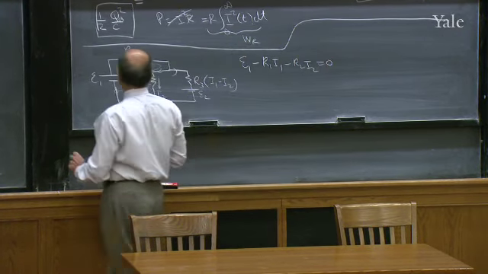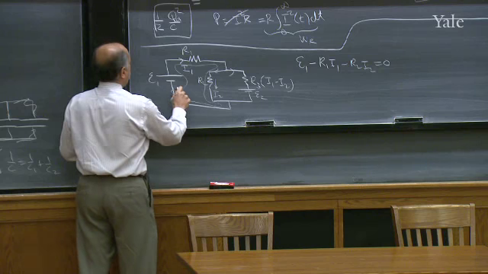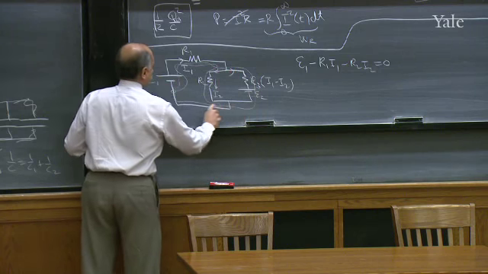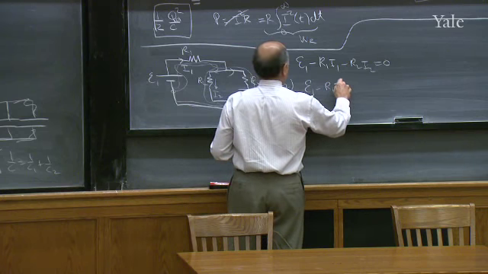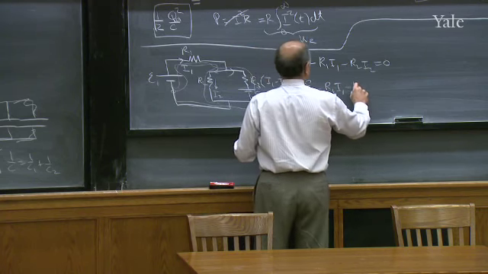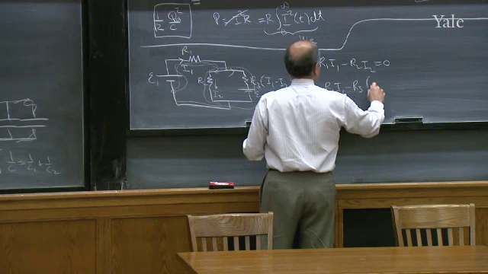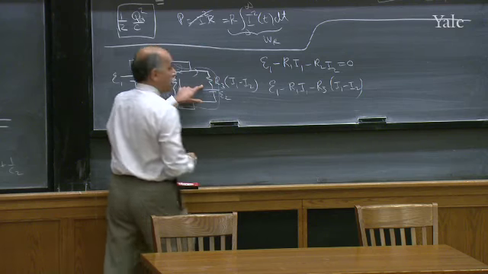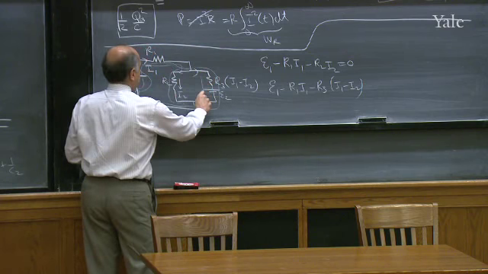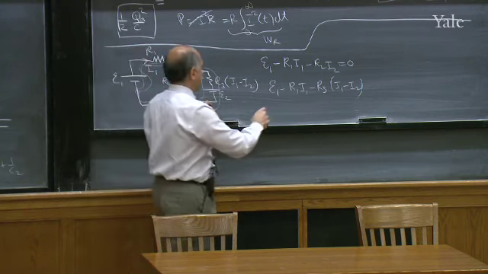You drop here, then you come back. Then you can take another loop that goes like this. Then you will say E1 minus R1 I1 minus R3 times (I1 minus I2). Now let's look here. You keep going the same way, but here you drop by an amount E2.